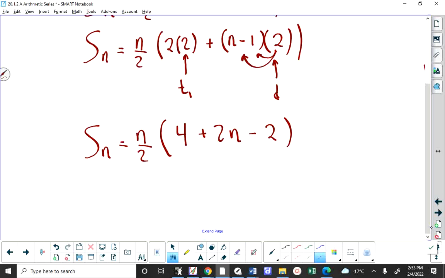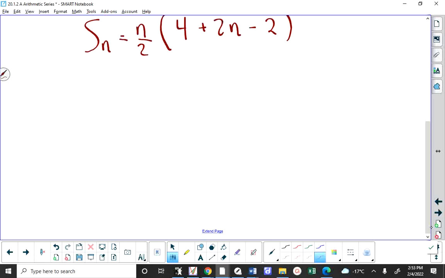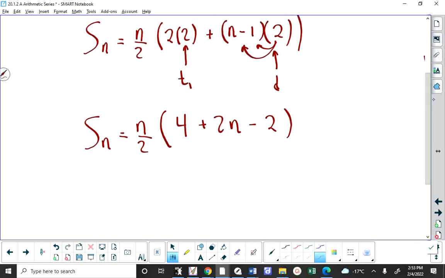I can simplify it more and write 2 plus 2n.